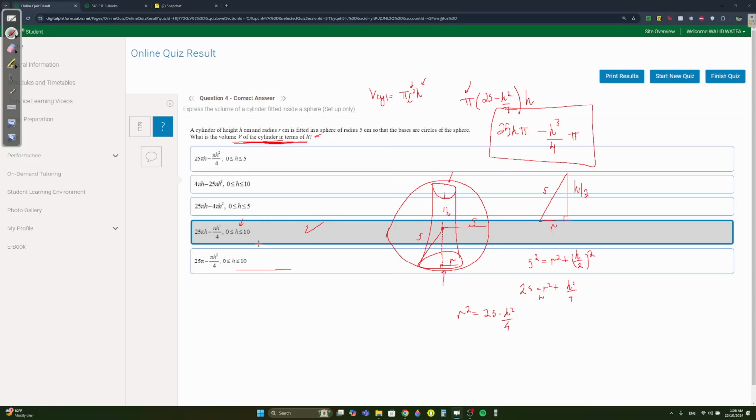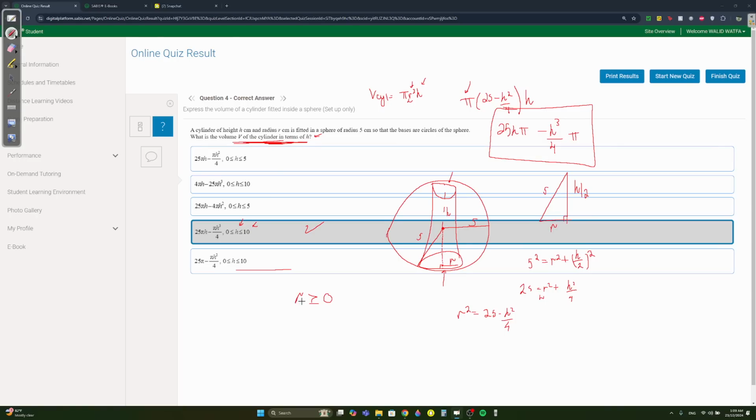And they want the restriction of the height. I should teach you how to do the restriction because you need it. For the restriction, you always know that your side, the radius, has to be greater than or equal to 0.